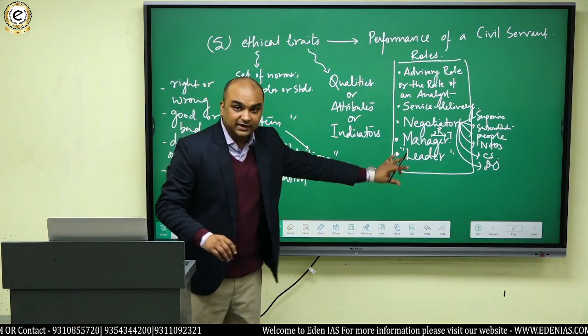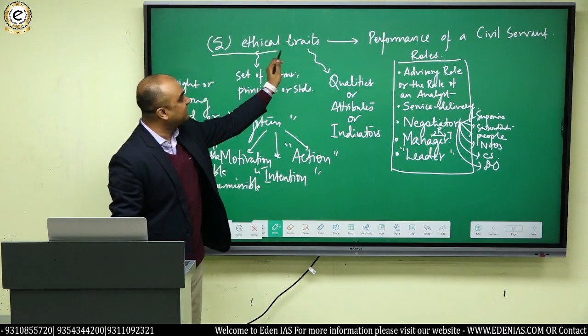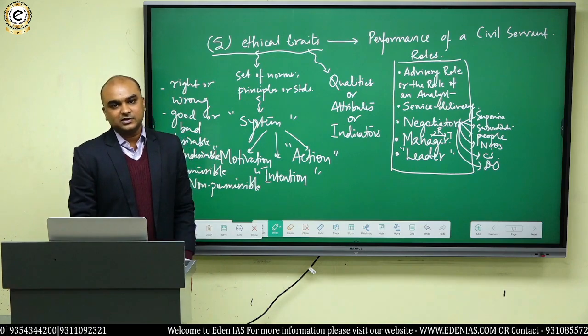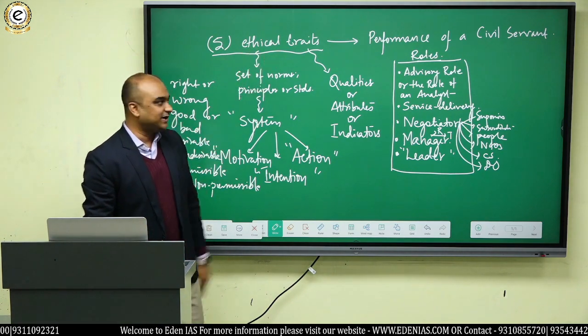अब इन roles के respect में हमारे लिए बहुत आसान हो जाएगा to identify the 5 ethical traits on the basis of which we can plot the performance of a civil servant. So let's now plot these 5 ethical traits.